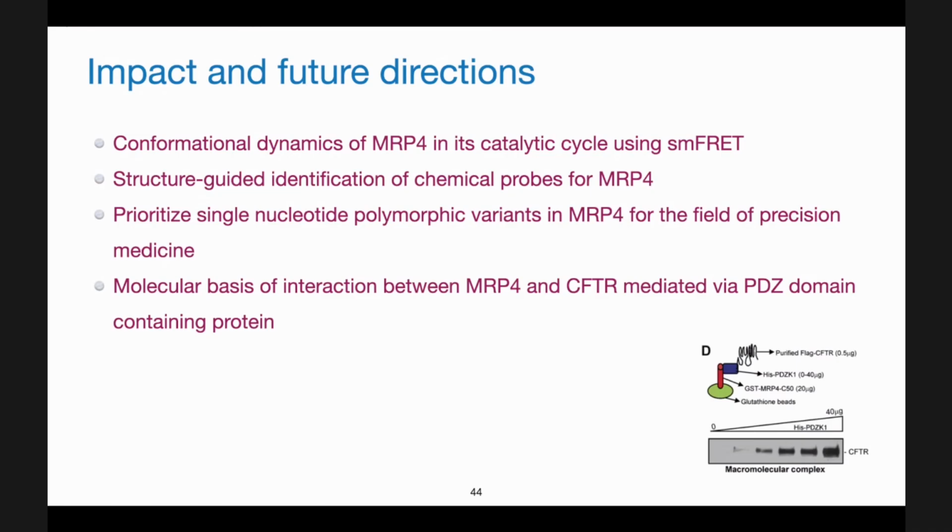And we want to extend our genetic variant analysis to the whole database, like gnomAD, for prioritizing SNPs for the field of precision medicine. Besides that, we learned that MRP4 interacts with PDZ domains, so it would be nice to understand their interaction with CFTR and the PDZ domain, and how that helps in the physiological process.